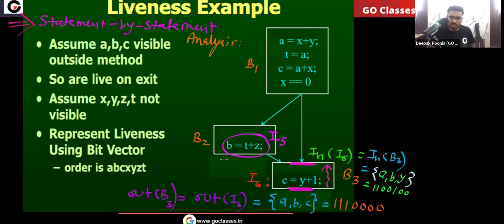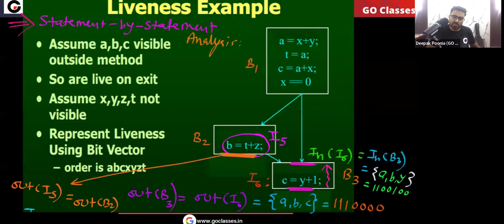At this program point, out of I5 is the same as out of B2, and in of I5 is the same as in of B2. Very simple. I hope you understood.